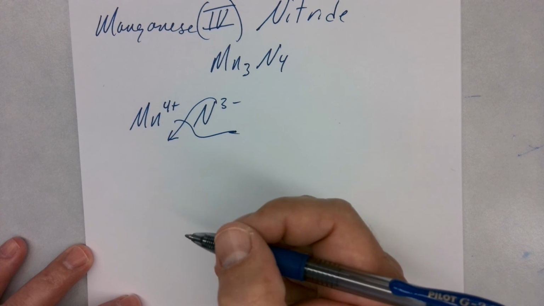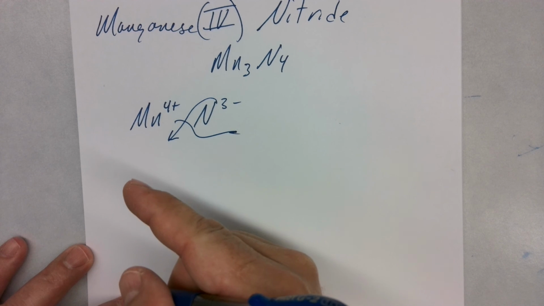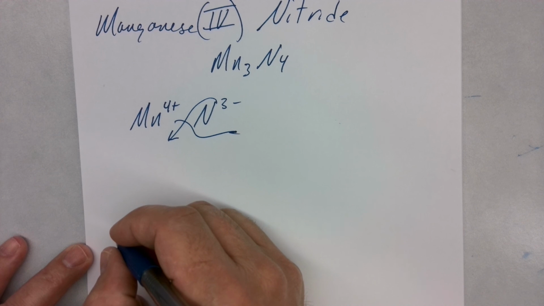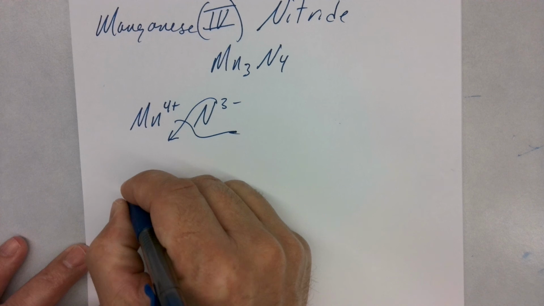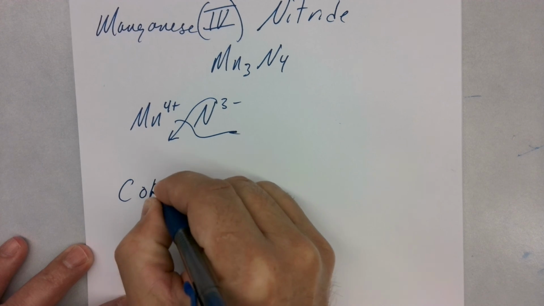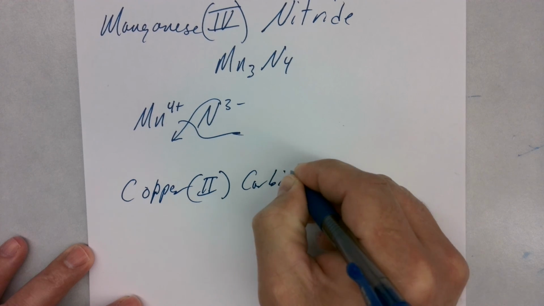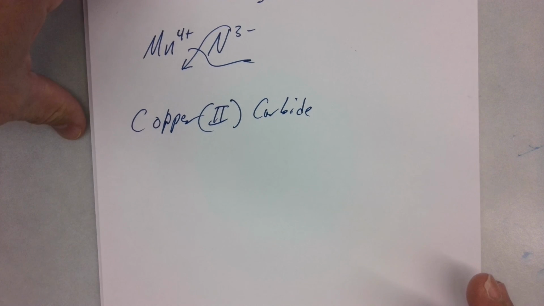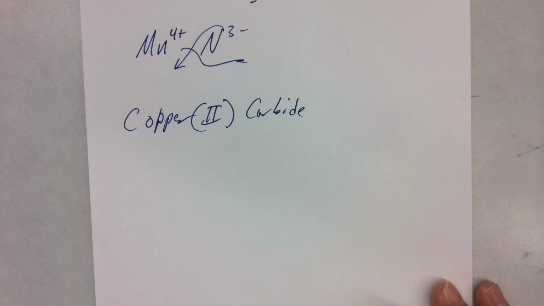So you want me to give you the name and you come up with the formula? Alrighty, let's do copper 2 carbide. That's its name. I need you to give me its formula.